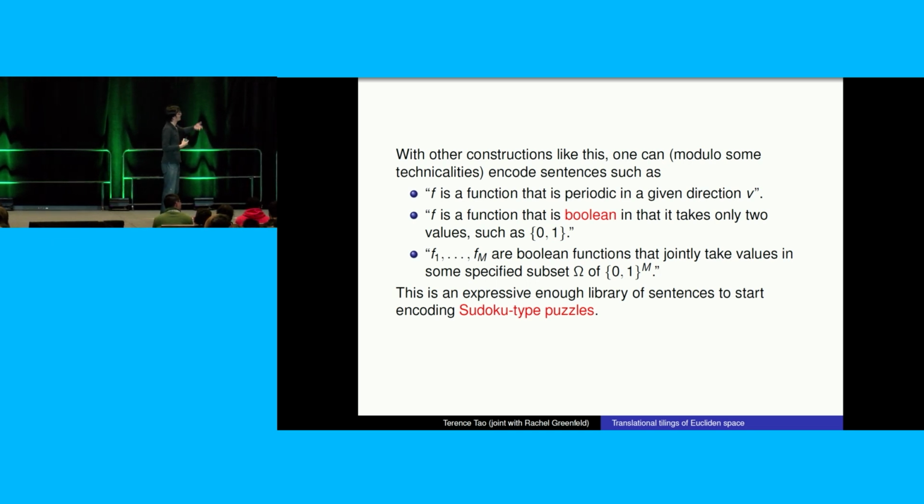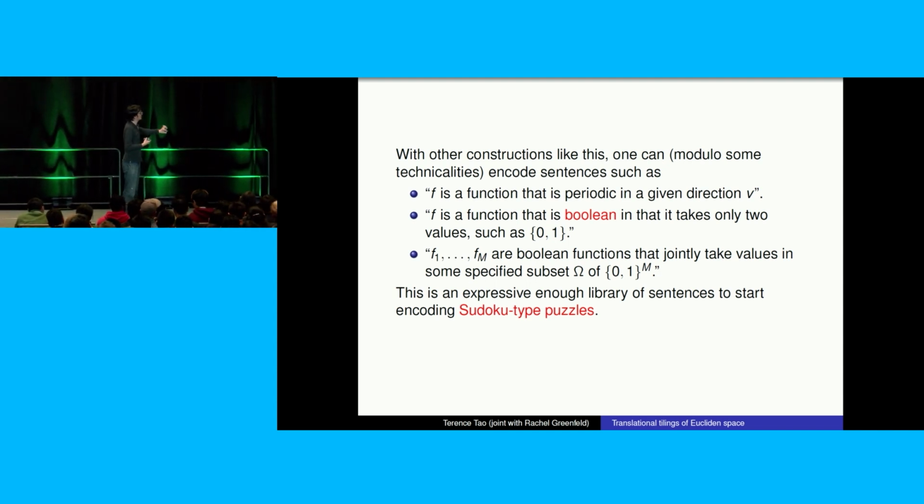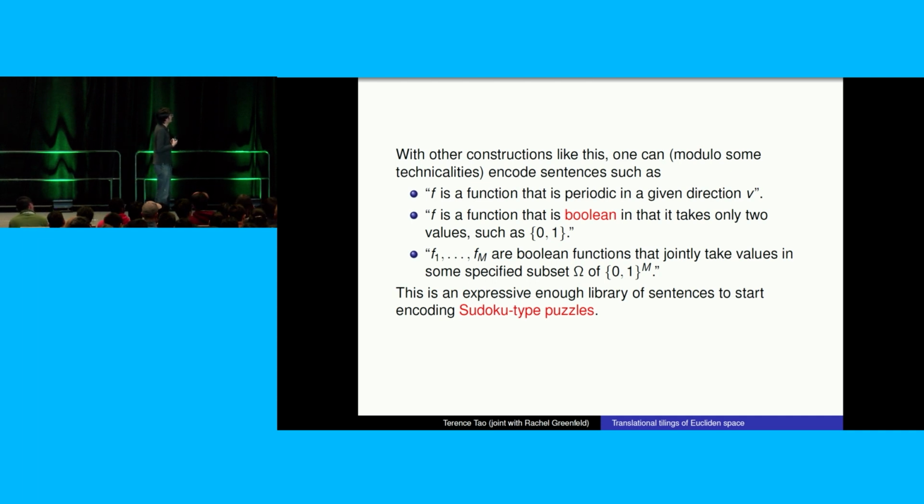So we saw, for example, being periodic in a certain direction, being a periodized permutation in a direction, that is an expressible property. Being Boolean in the sense that it only takes 2 values, that you can express, there's a trick to express that as a tiling equation.